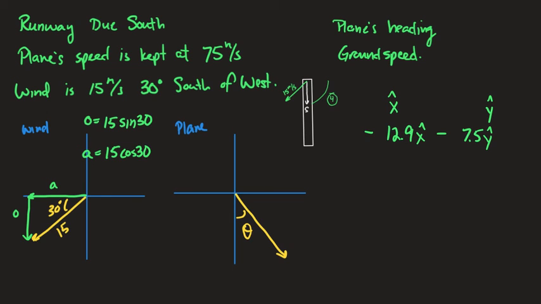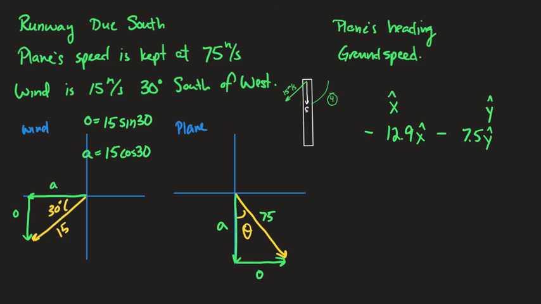I'm going to wrap this angle here. I'm going to call this one the adjacent side and this one the opposite side. List the plane speed as 75.